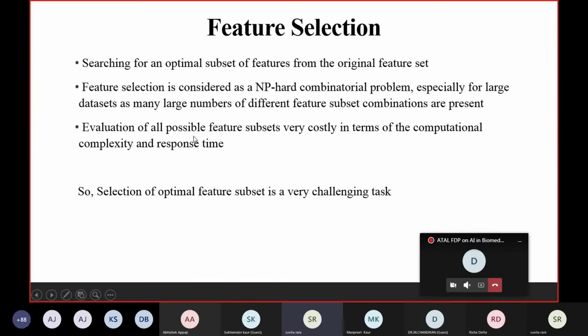The evaluation of all possible feature subsets, pairing and combining features and selecting them one by one, is very costly in computational complexity and response time. So finding an optimal feature subset is a very challenging task.